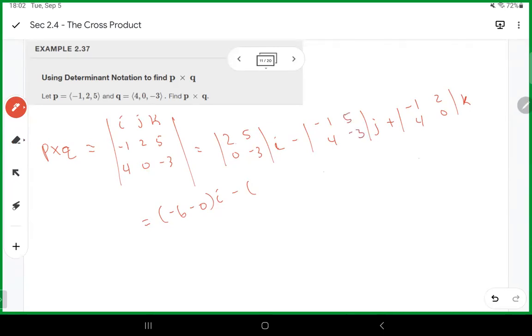I went too fast for myself. So that gives us 3 minus 20, j, plus 0 minus 8, k. And then you just go through and finish it out. So we would have negative 6i plus 17j minus 8k.